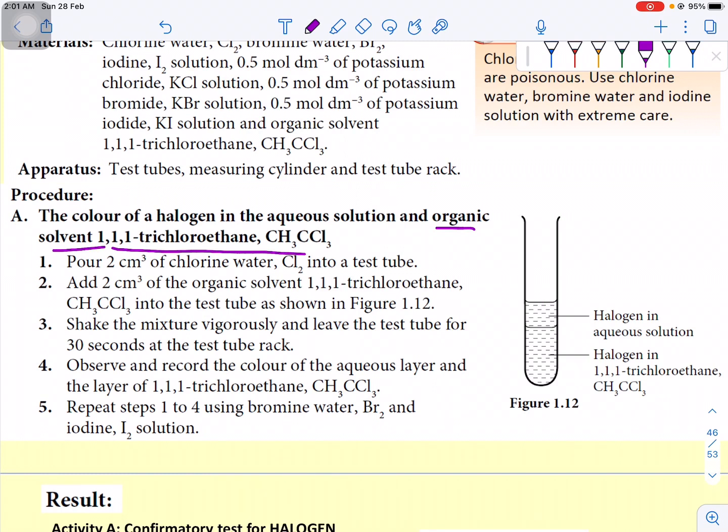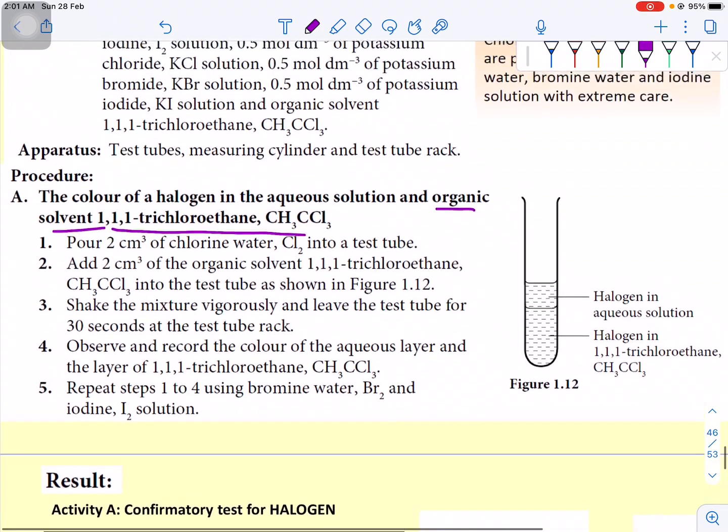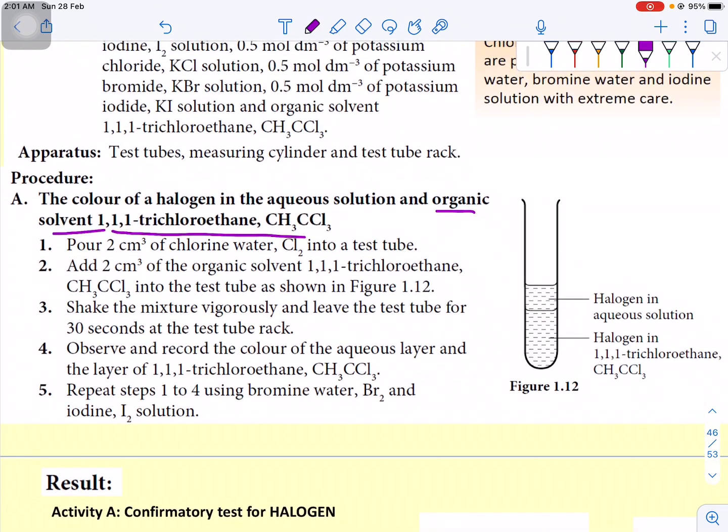So what we do, we add the chlorine water into the test tube, and then we add the 1,1,1-trichloroethane, shake well, and then we observe the layers. Once we add 1,1,1-trichloroethane, we will get two layers. The upper layer is the original colour of the halogen in aqueous, and the bottom layer is the colour of the halogen in 1,1,1-trichloroethane.